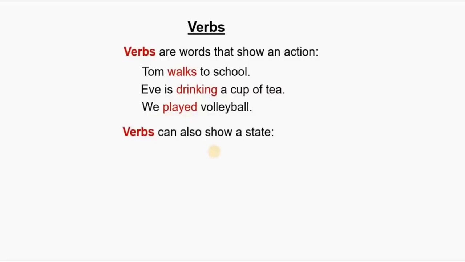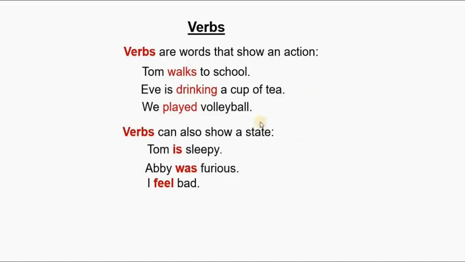Verbs can also show a state. For example, Tom is sleepy. So this is not an action. This is describing an emotion or state of Tom. Abe was furious. I feel bad. So it describes the state of the subject. We can say that it's describing the state of Tom, who is the subject of the sentence.